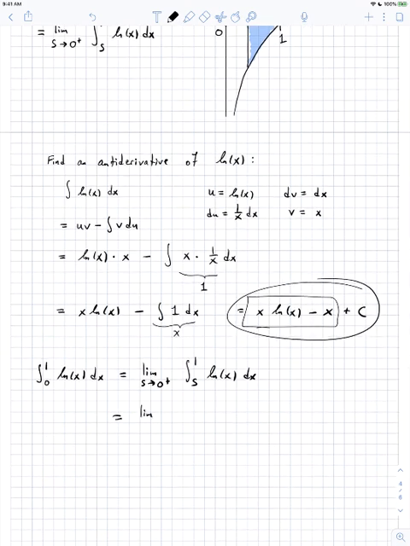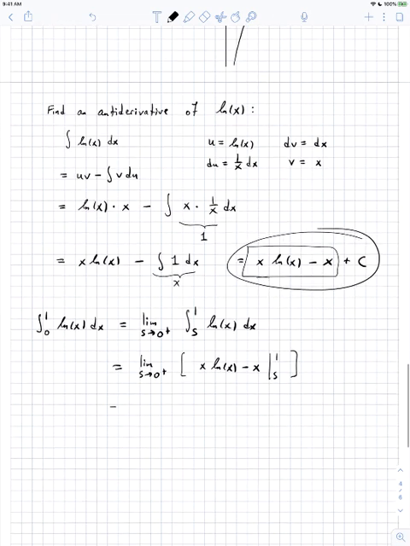So this is the limit as s goes to 0 from the positive side of x ln of x minus x, and then we're going to evaluate this between s and 1, like so. We plug in 1, so we're going to have 1 times ln of 1 minus 1. That's the first one.